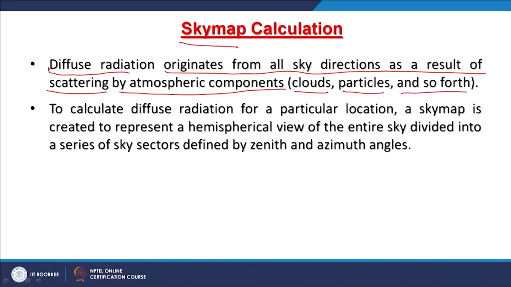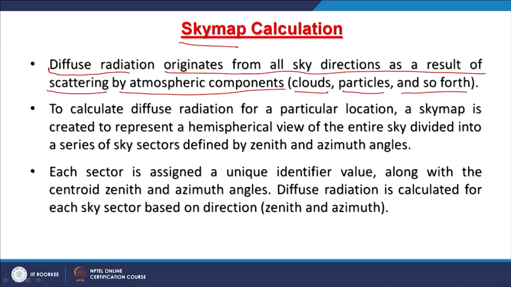For the calculation of diffuse radiation for a particular location, a sky map is created, and a sky map is nothing but the upward looking view set to represent a hemispherical view of the entire sky divided into a series of sky sectors defined by zenith and azimuth angles, and that you will see.